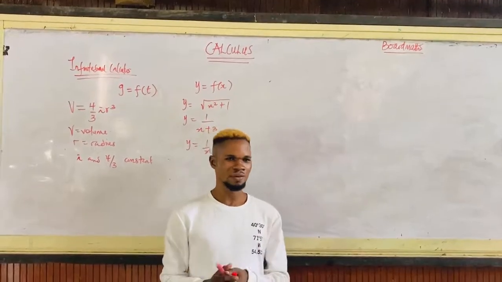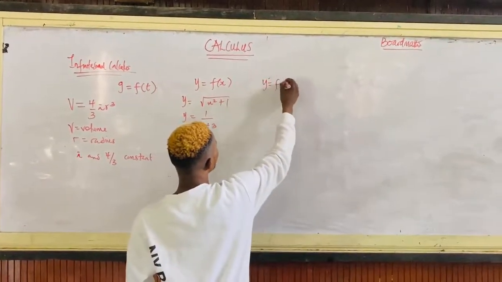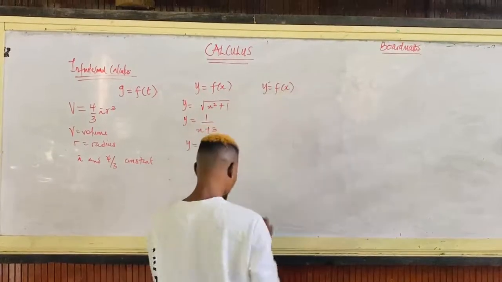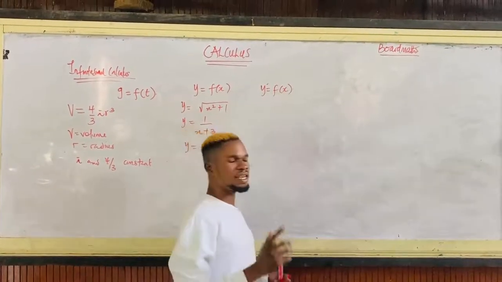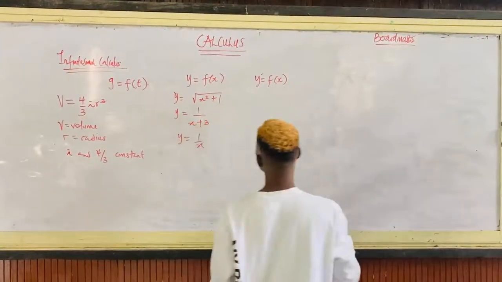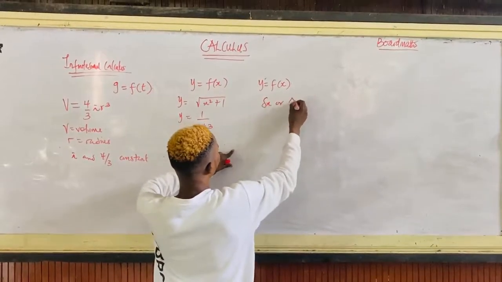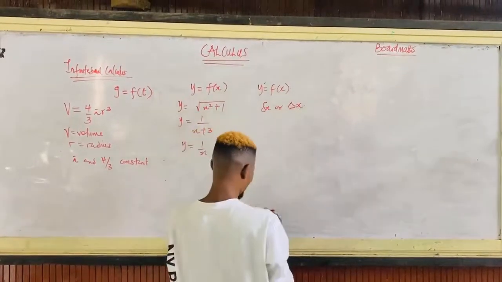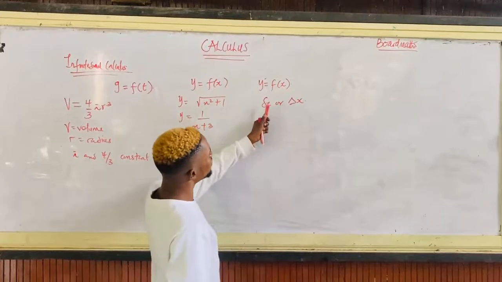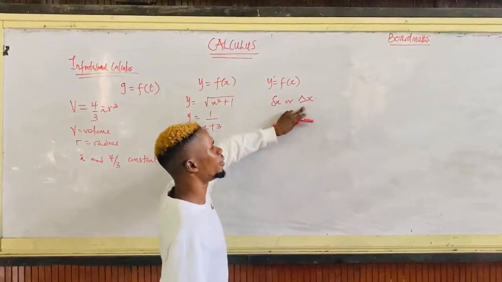The increment of a function. Now let's consider y, which is a function of x. Now if there is an increment in x, the increment in x is denoted by del x.